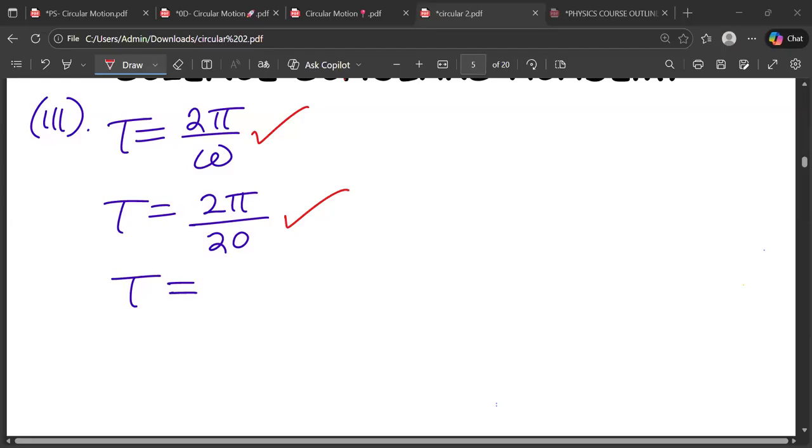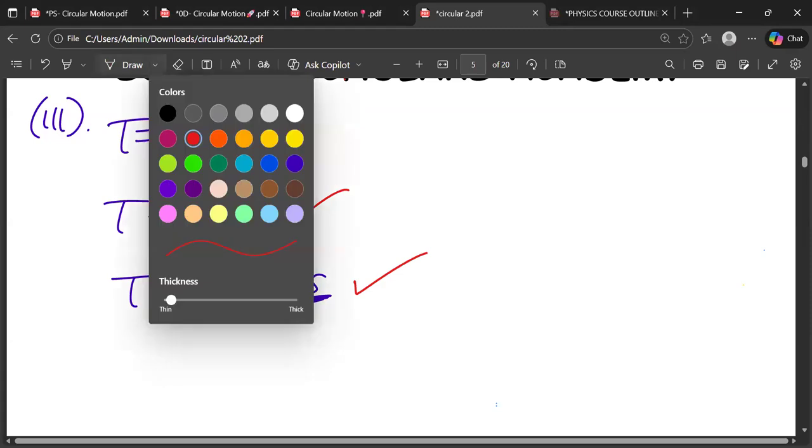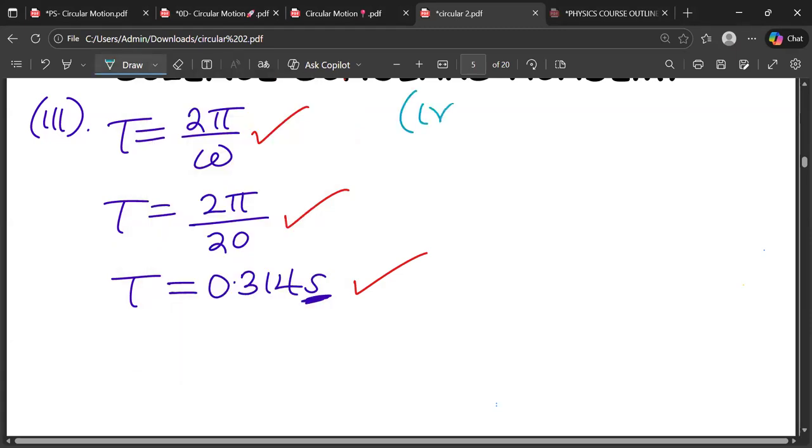If you had used 4 like some of you, you maintain 4. 0.314 seconds, because they're asking for the time period T. And you're done. Then you say that physics is hard, like we are getting marks for doing nothing, totally nothing.